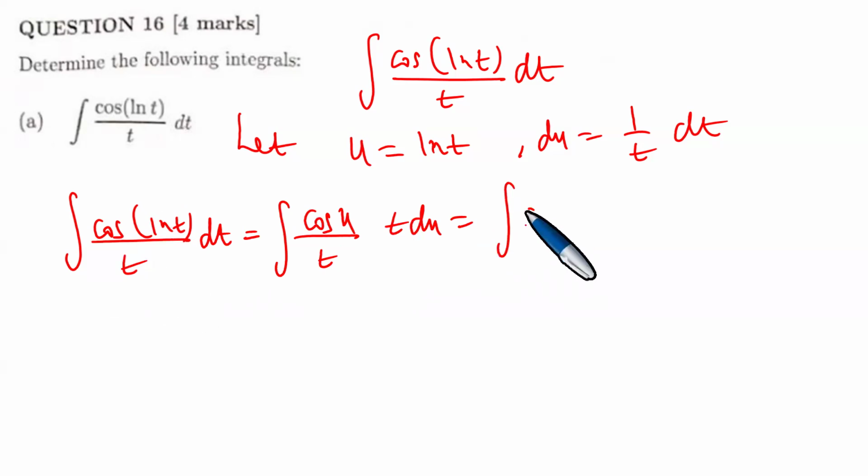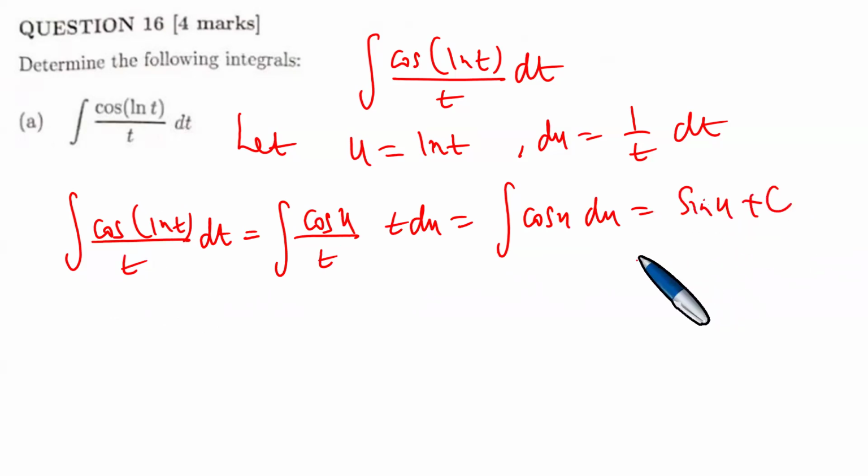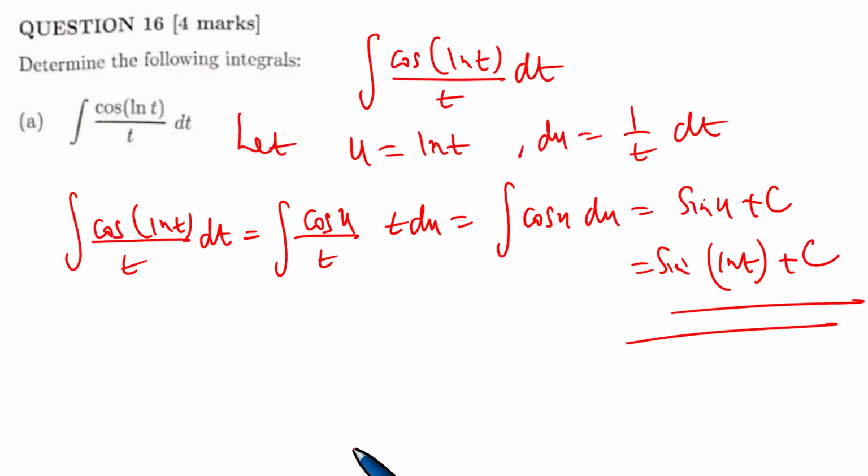The t cancels, giving us exactly cosine u du, which is the sine of u plus c, which is the sine of ln t plus c. So the answer becomes exactly the sine of ln t plus c. Take this into account to make sure you understand these exactly.